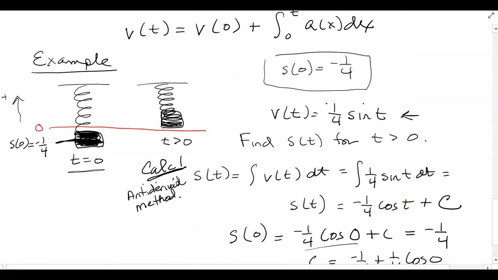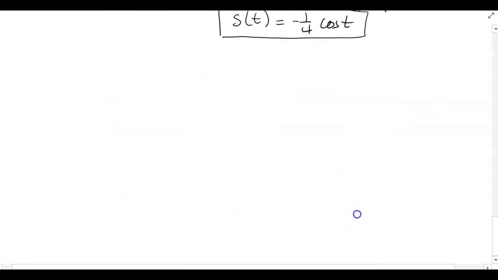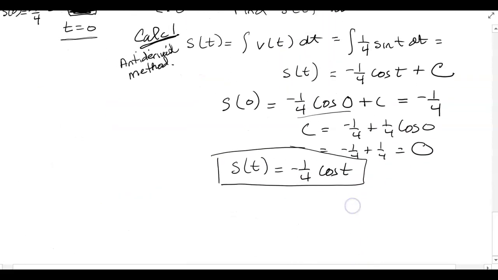So where this is called the antiderivative method, this is simply using essentially the fundamental theorem of calculus. Using that other method, again, not that much different, I'll call it our Calc 2 method. Often it is also called the fundamental theorem of calculus method.